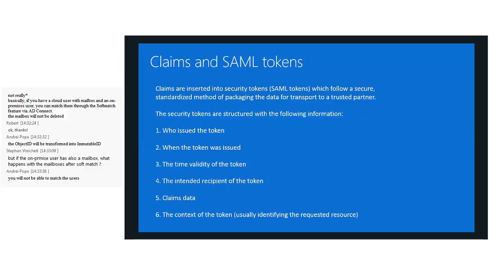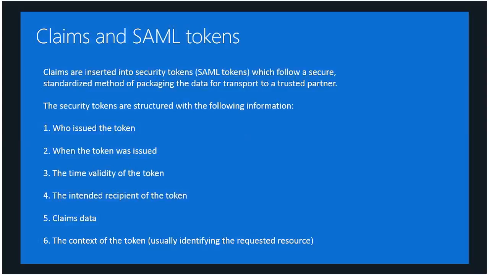Now, we have these claims, but they need to be sent around in a certain way, and that's why the SAML protocol uses so-called SAML tokens. SAML tokens are basically containers that hold a lot of different information needed in order to negotiate access to a certain resource.